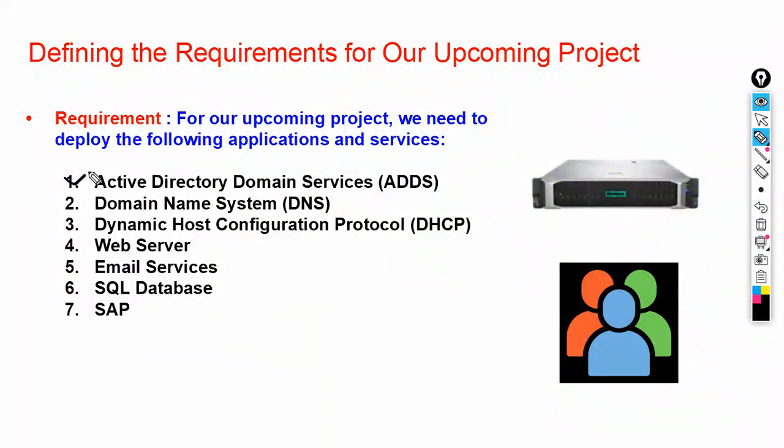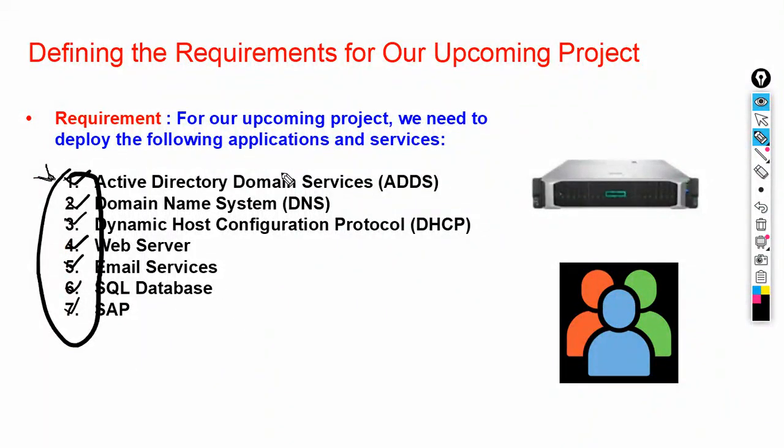We need Active Directory, DNS, DHCP, web server, email services, or email server, you can say. We need the SQL server, and we need SAP. We need these 7 applications and services for our upcoming project.